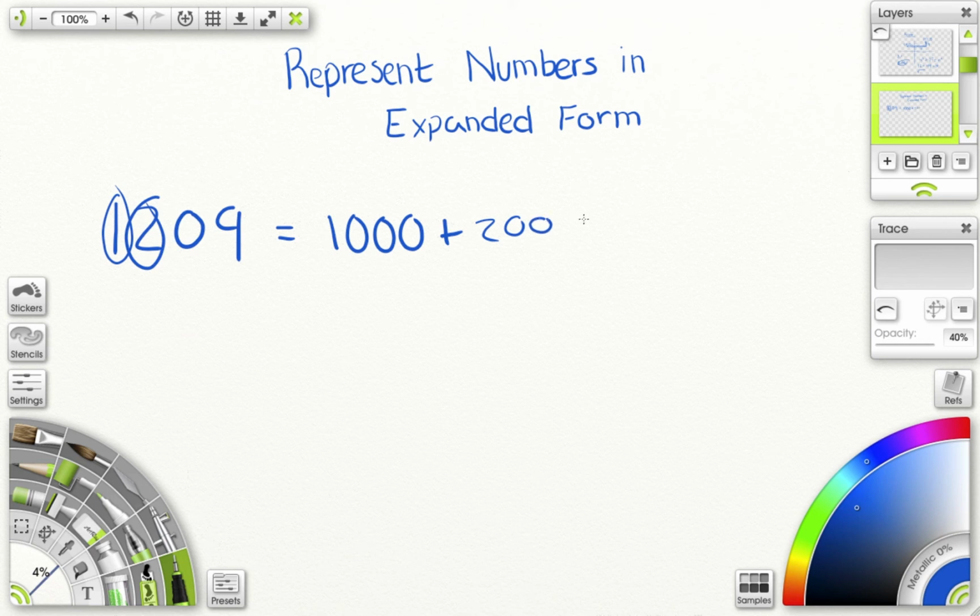So 200 plus 0, I don't have to put 0 in there because there's no point, plus, or sorry, plus 9, as in 9 ones. And this is the way I can do my one expanded form. If I add them all up together, 1,000 plus 200 plus 9 equals 1,209. I know this already.